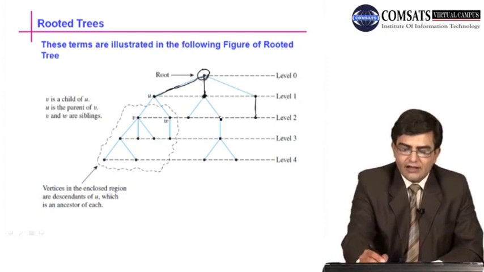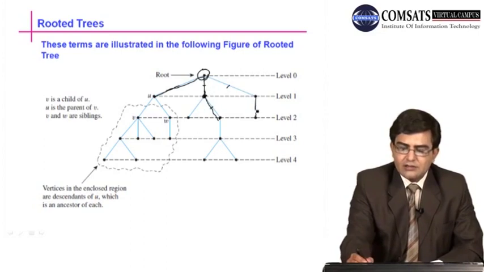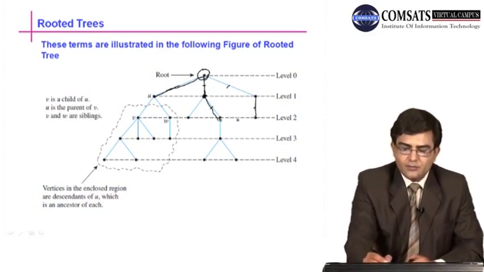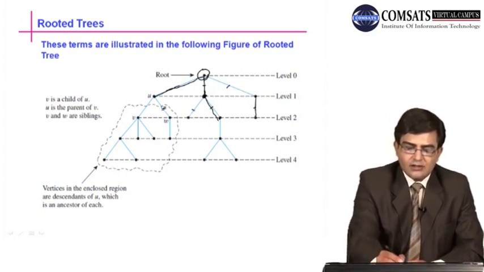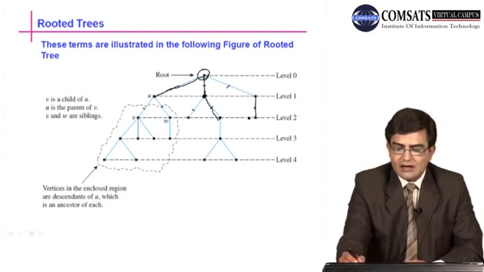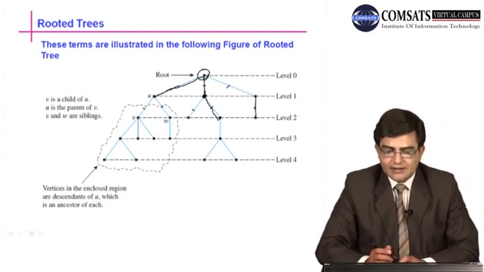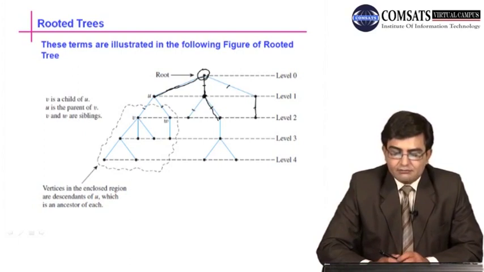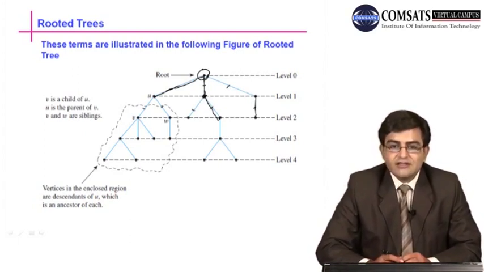So here we have level 2 because we have 1, 2 edges. Similarly this one, this one, this one, all these vertices are at level 2 because there are 2 edges, or you can say these vertices are 2 edges away from the root.